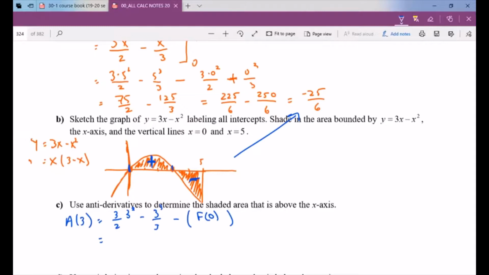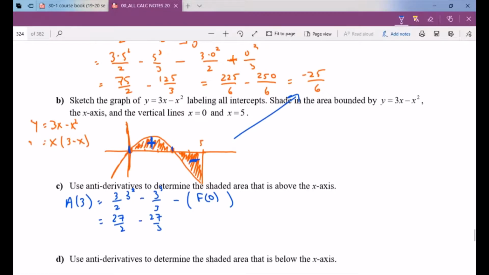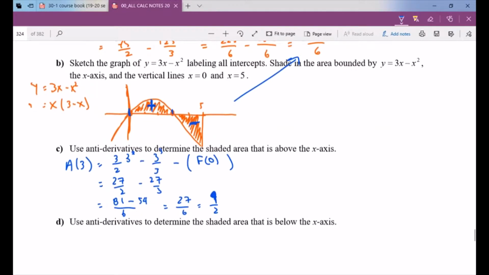When we do this, we get 27 over 2 minus 27 over 3, being 81/6 minus 54/6, which is 27/6, or 9 over 2. So 9 over 2 is the area between 0 and 3 that's above the x-axis.